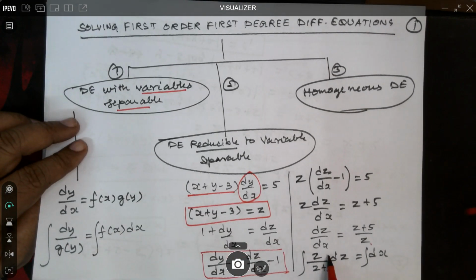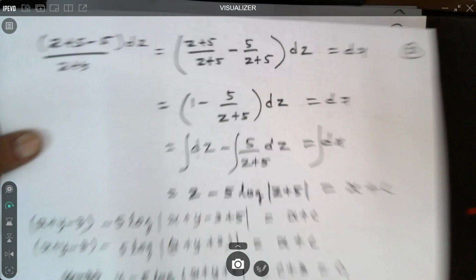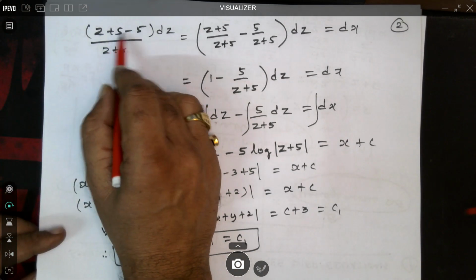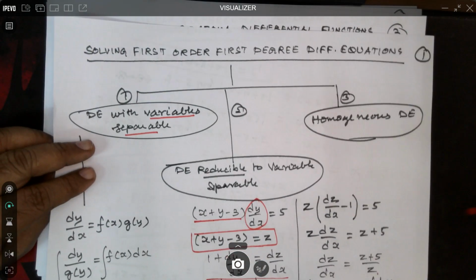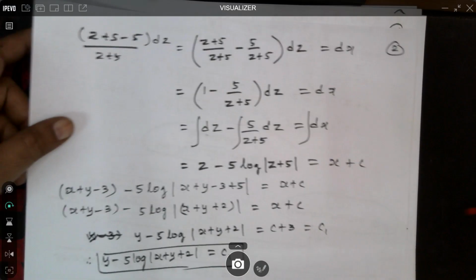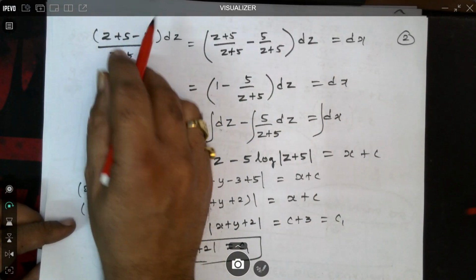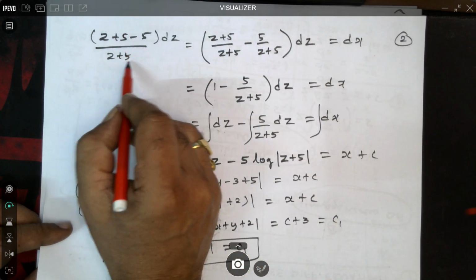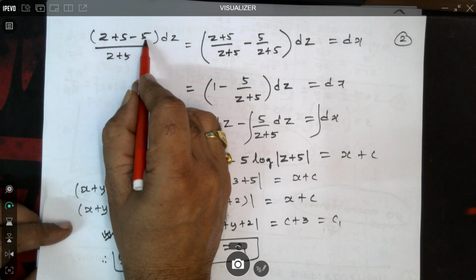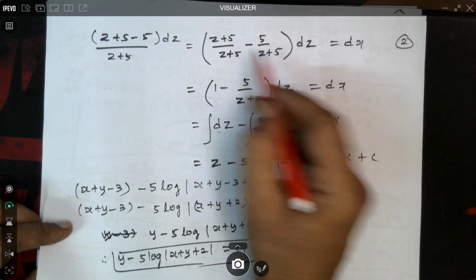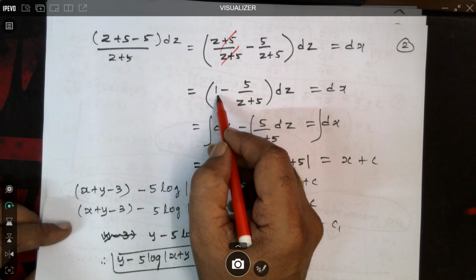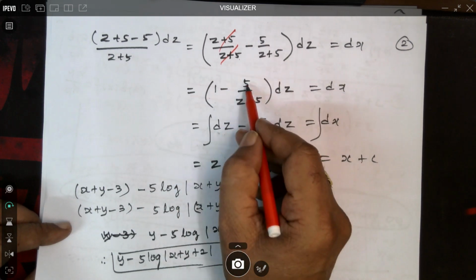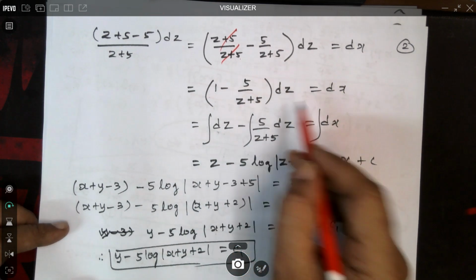Adding 5 and subtracting 5, that is 5 minus 5, is 0, so the term is intact, I have not disturbed it. But this way we can separate this into two fractions. So z plus 5 divided by z plus 5, and I have put minus 5 divided by z plus 5. Is it clear? So this can be struck and made as 1. Therefore 1 minus 5 divided by z plus 5 of dz.